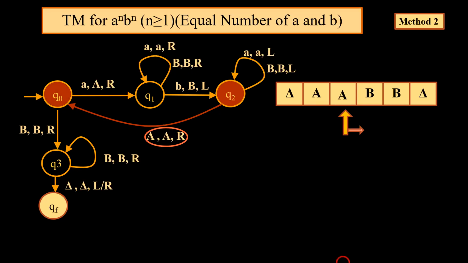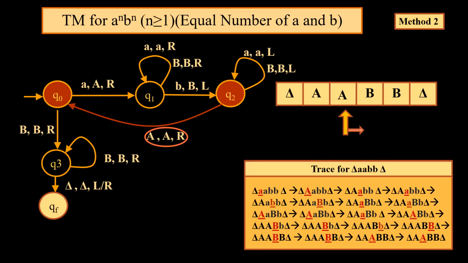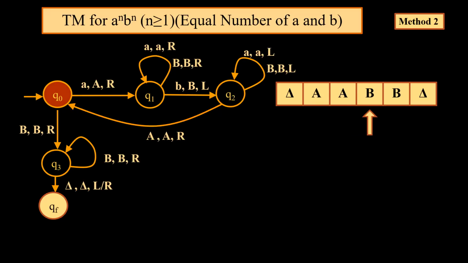When we move towards right, we see that none of the small a is left out. Since none of the small a is left out, we need to identify that none of the small b is left out. So we have first capital B, it will remain intact, no change. We move towards right.